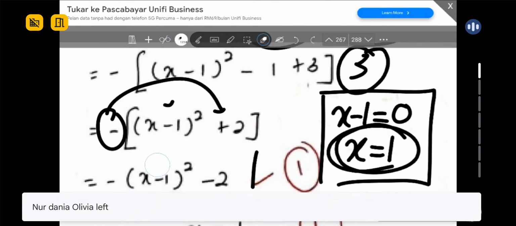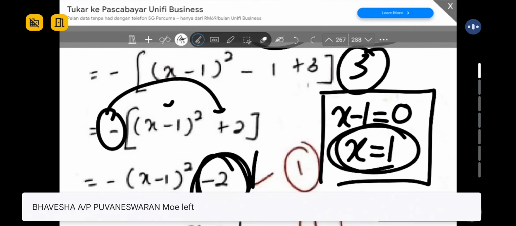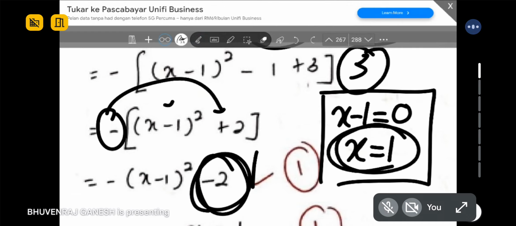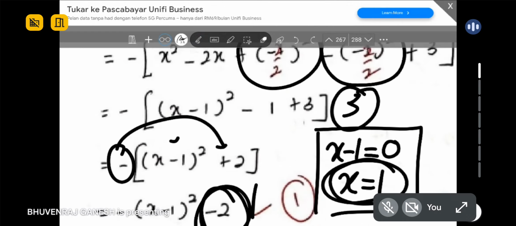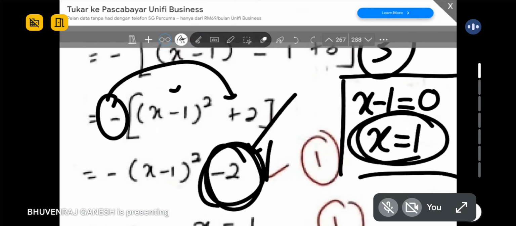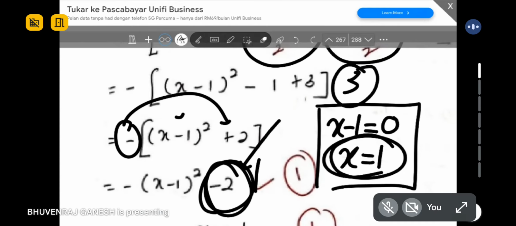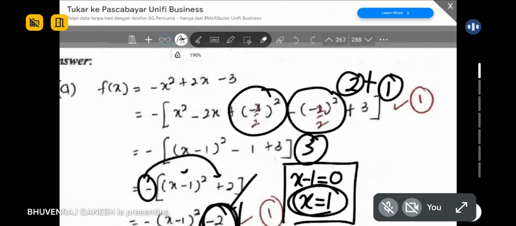You guys must say -2, because this one is your maximum value, right? So you write maximum value equal to -2. Nilai maksimum sama dengan -2. Faham? Whenever they ask max or minimum value, you refer to over here, guys. Lihat nombor terakhir. Look at the n number. That is your maximum or minimum value. Vertex form. Clear? No problem? Jelas? So this is the concept.